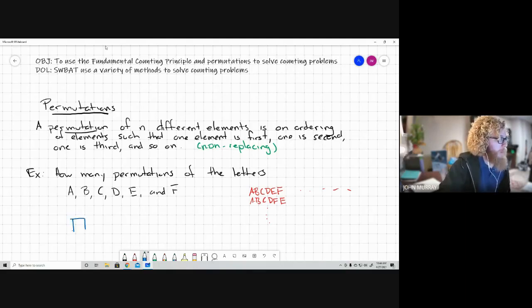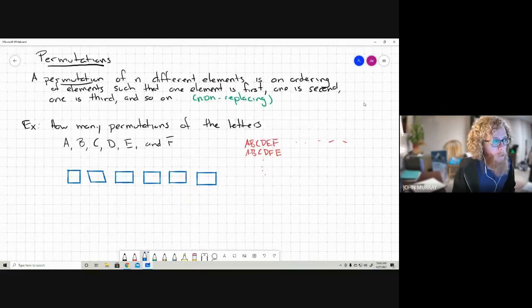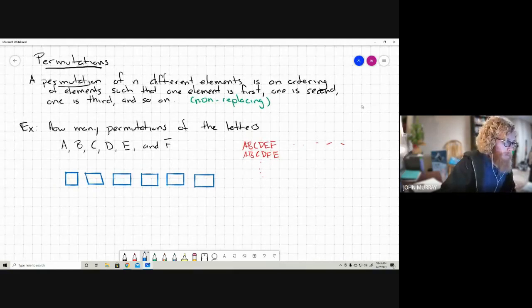So there are 6 open spots, and we're trying to fill in the blanks.